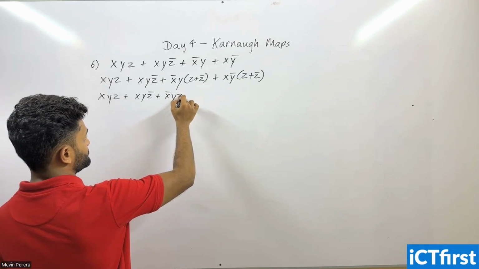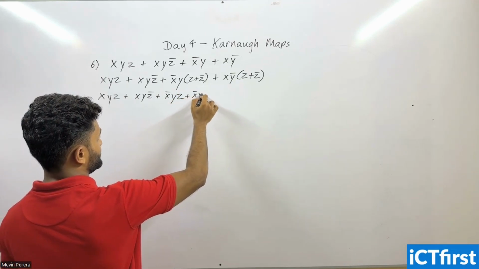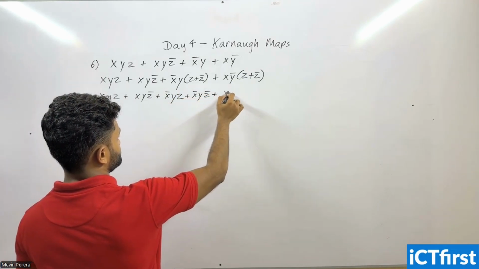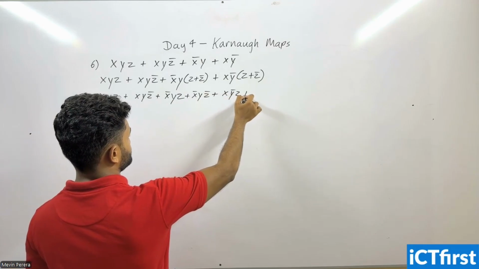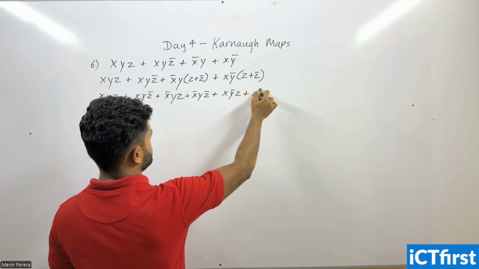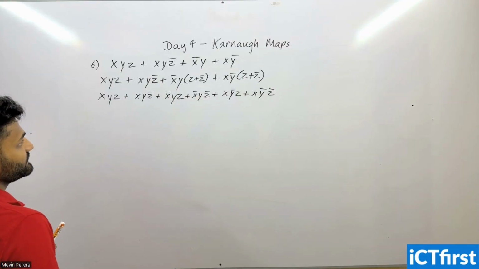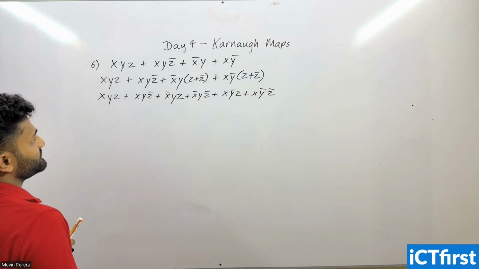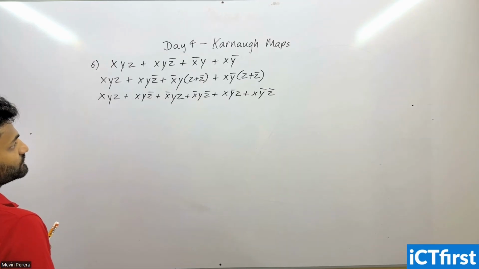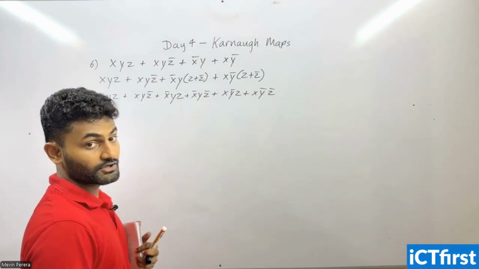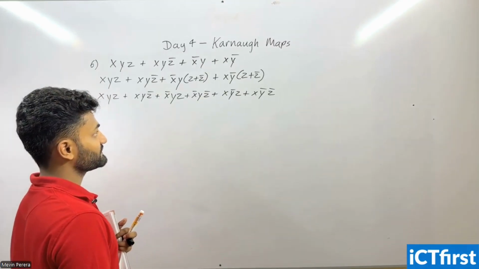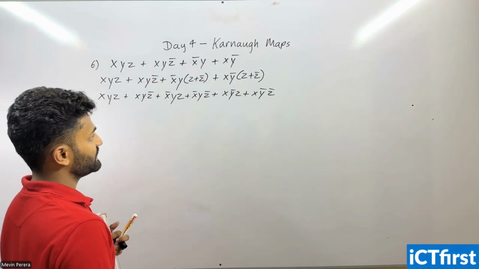So we can simplify this. Also check whether the same thing is being repeated anywhere. If there are duplicates, by the idempotent law you can remove any duplicates which are there.